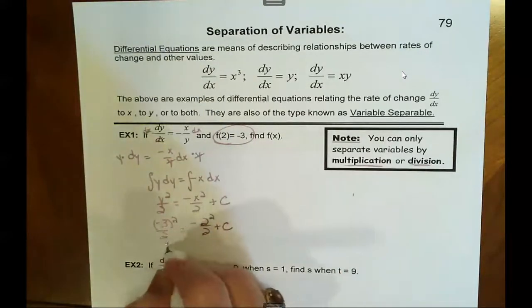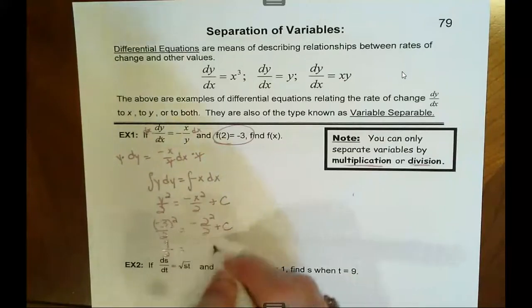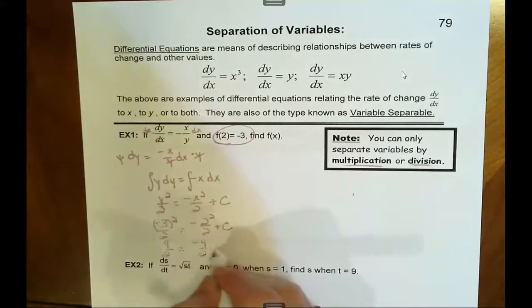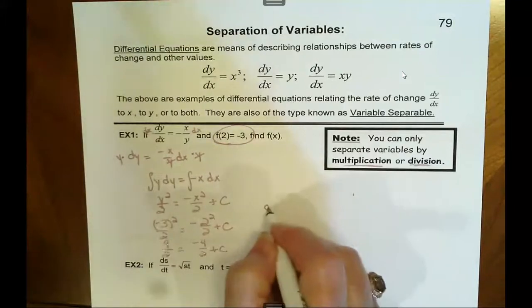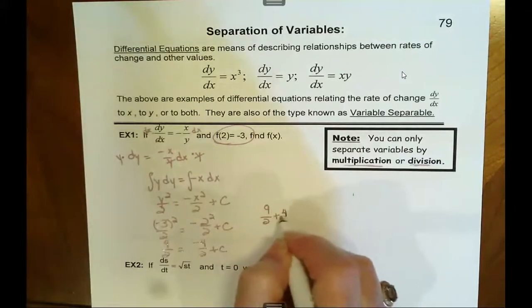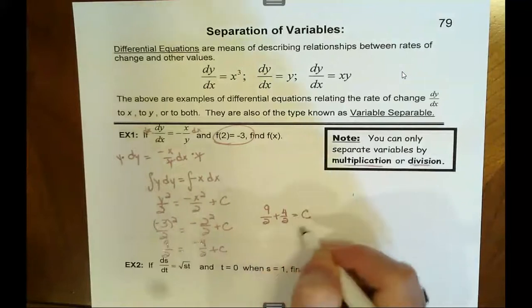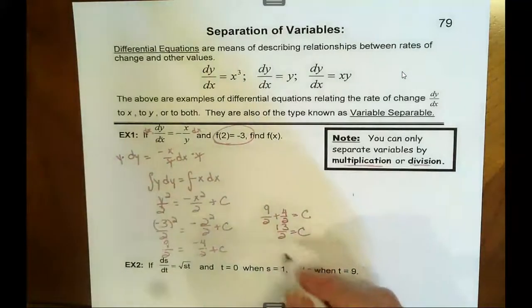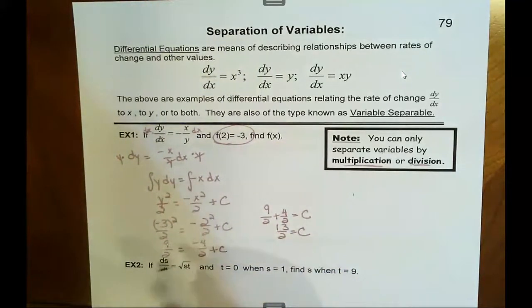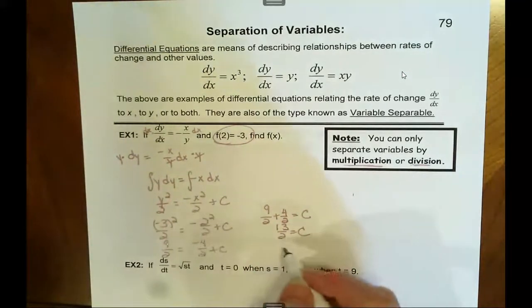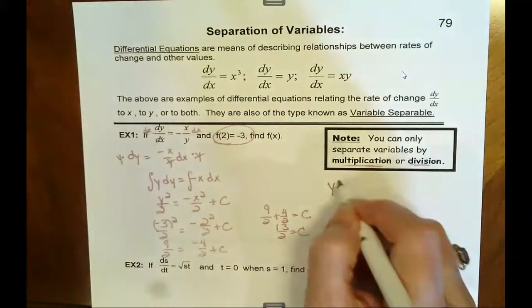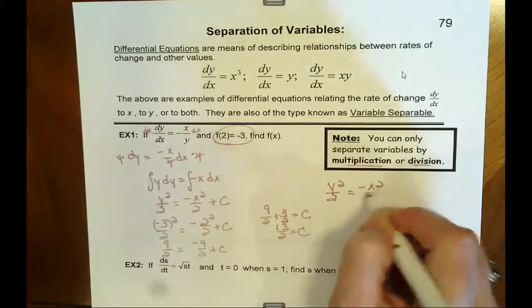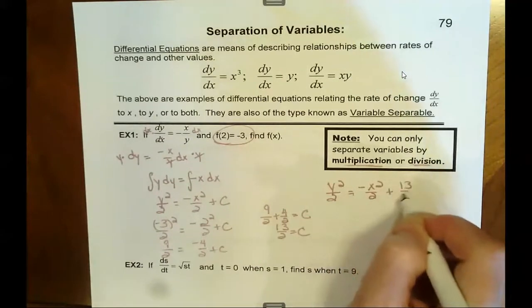So we get 9 halves equals, let's see, negative 4 halves plus c, or 9 halves plus 4 halves equals c. 13 halves would be c. And so our equation would be y squared over 2 equals negative x squared over 2 plus 13 over 2.